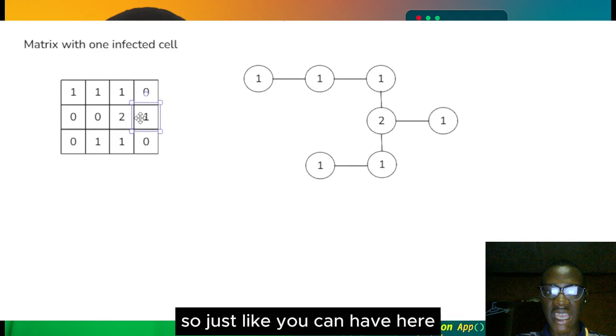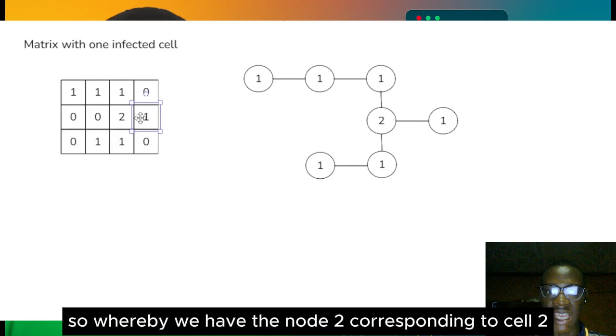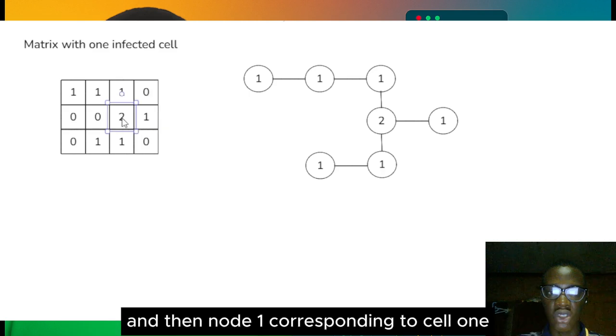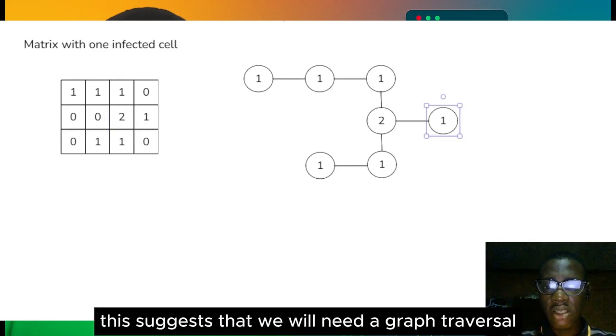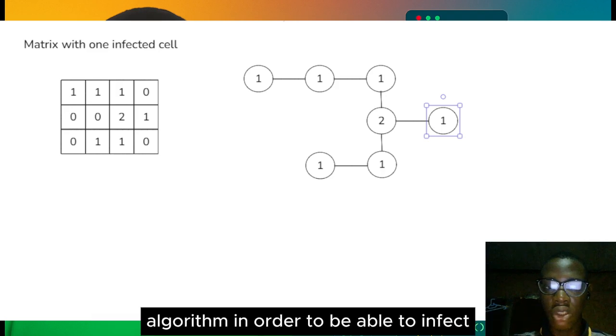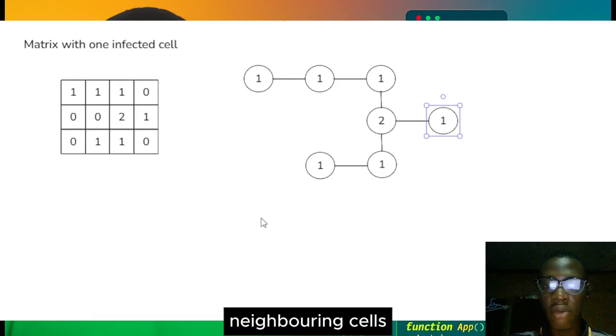So just like you can have here, we have the node 2 corresponding to cell 2, and then node 1 corresponding to cell 1. This suggests that we need a graph traversal algorithm in order to be able to infect neighboring cells.